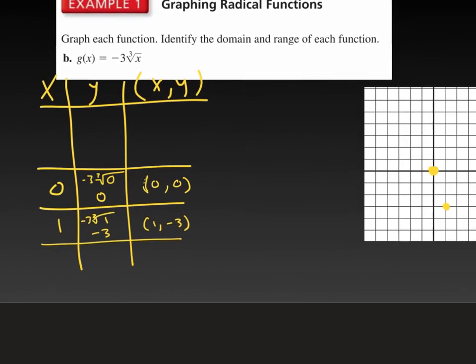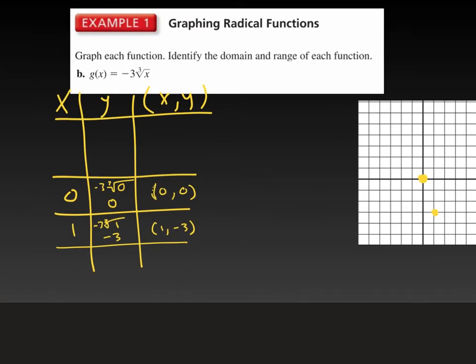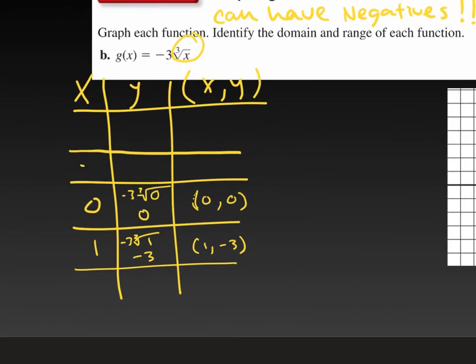What else can we plug in? Negative 1. Since it's the cubed root, we can have negative numbers, so we want to plug in some negatives too. So let's plug in negative 1.